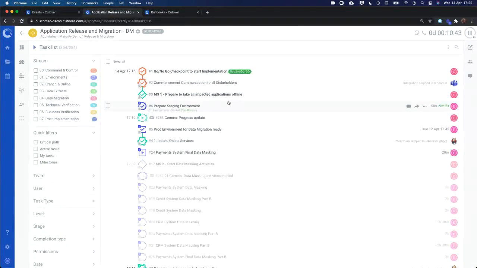Yeah, great question, and it's all based on how you structure your runbook. So you could have a decision point in your runbook, and that decision point could be, was it successful, yes or no? If it was yes, then you complete your runbook, you close your ticket. If it was no, then you go down your rollback steps that you've outlined in your runbook. So you have the ability to do that in Cutover.